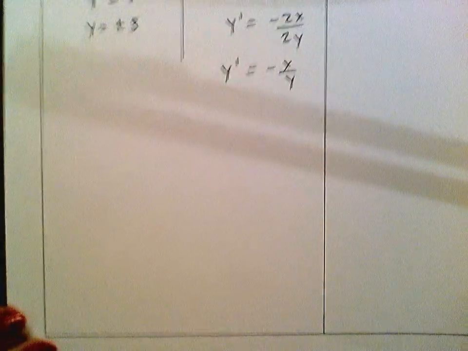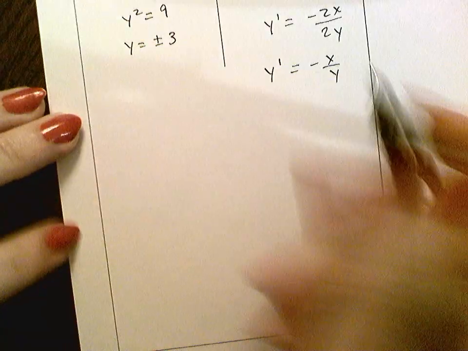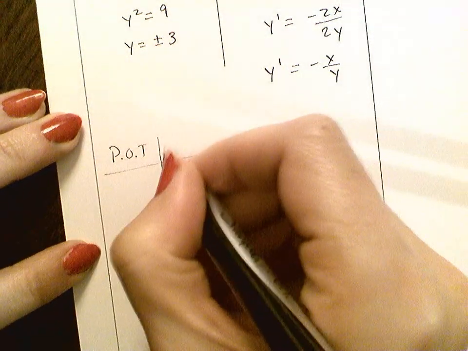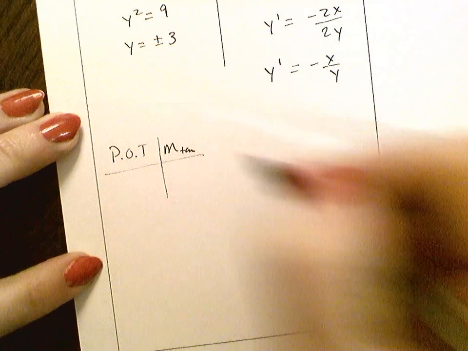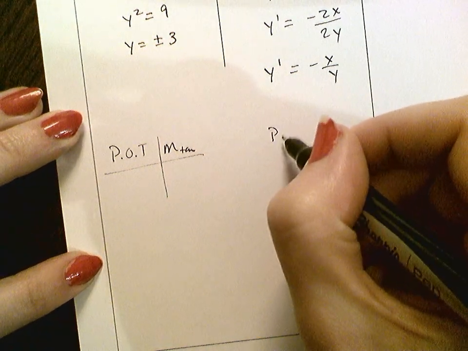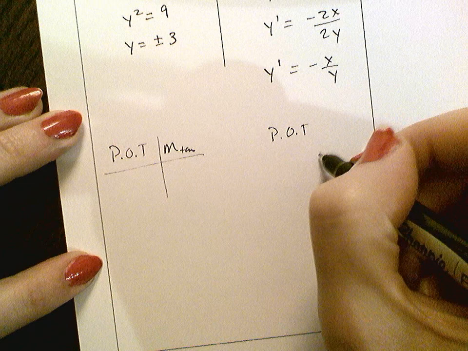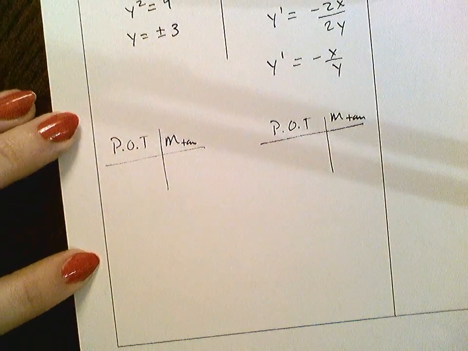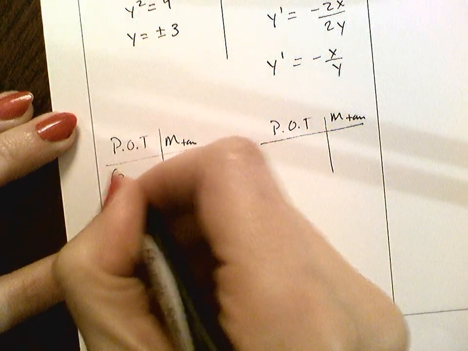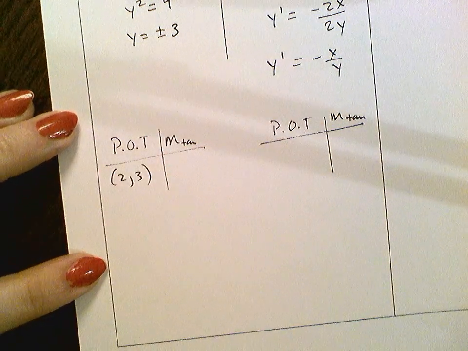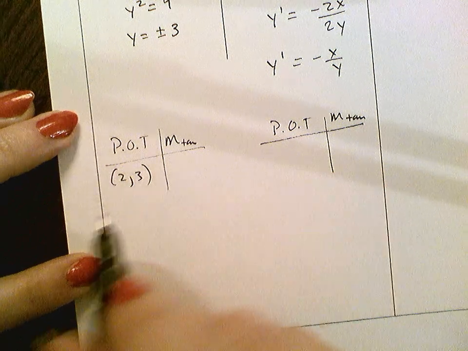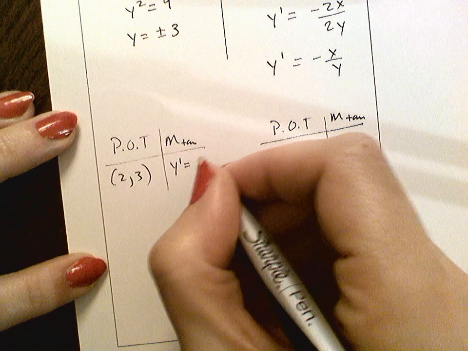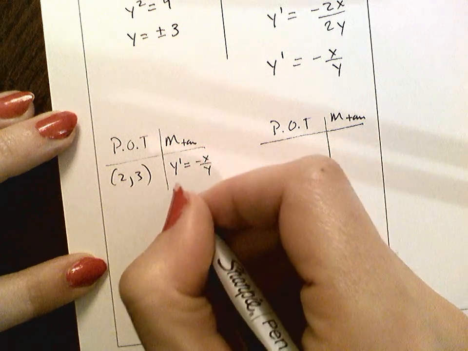So now I've got to use the point-slope formula. I'm going to have 2 equations, so I'll use it twice. So I've got the point of tangency, and then I need the slope of the tangent line. So I'll do (2, 3) first. The slope of the tangent line is going to be y prime, which I know is negative x over y.